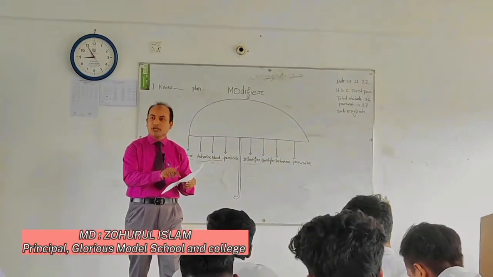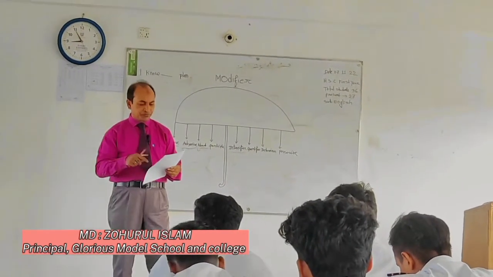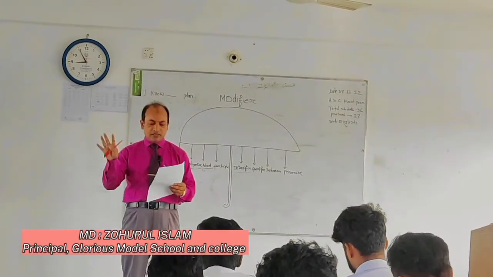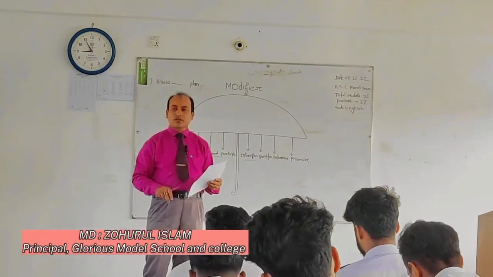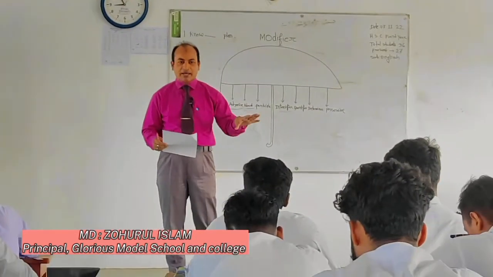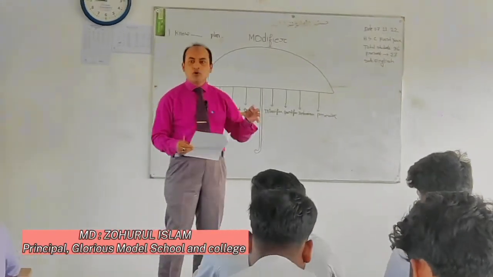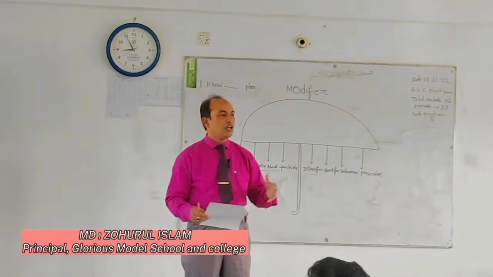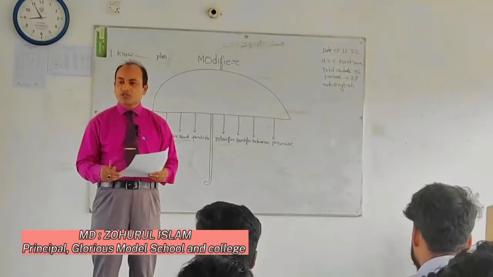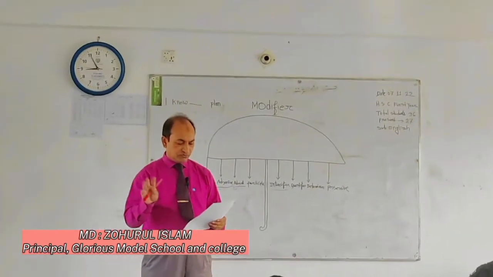So if you use very here, that will be right. A village doctor is a very familiar person in the rural areas of Bangladesh. So when you see intensifier, in most cases, if you use very, that will be right.